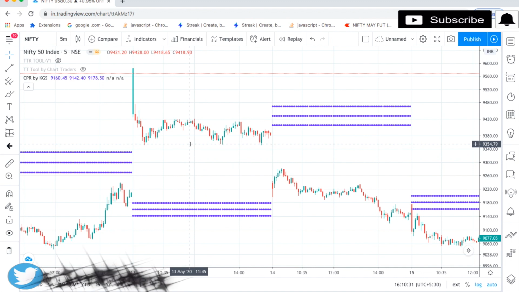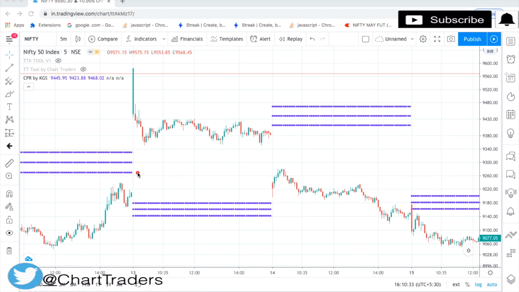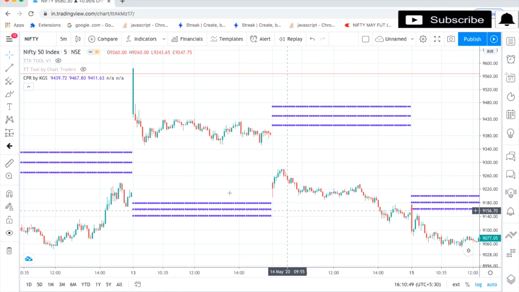Now here see, price is above the CPR the whole day, so we extend this CPR, and it will work as a support. At the end it is taking support here and gives a slight upward movement.